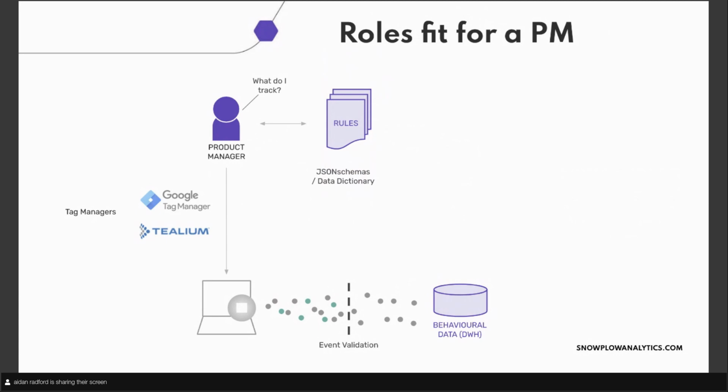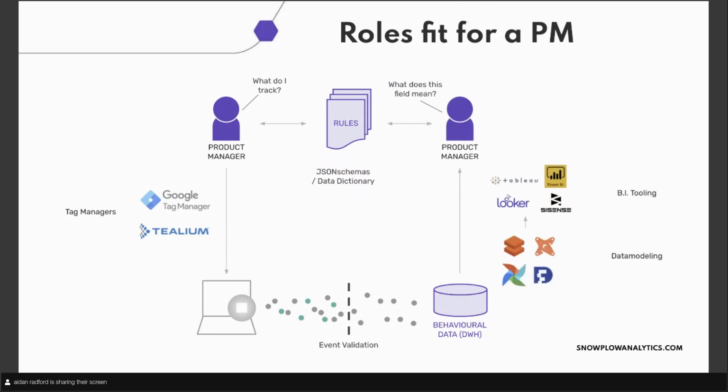And then this way, the product manager can generate events on the front end that get loaded into the data warehouse. And with the help of data modeling tools and BI tooling, product managers can self-serve insights from the behavioral data.